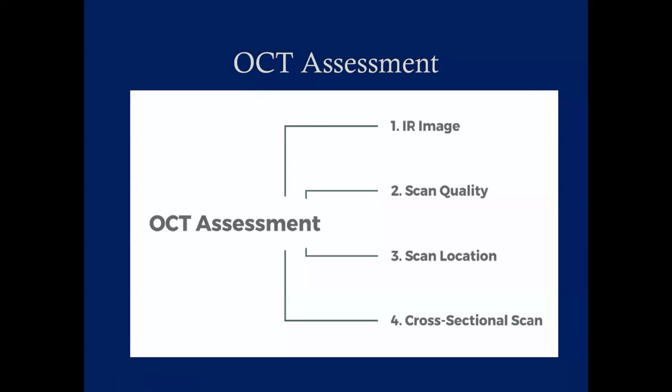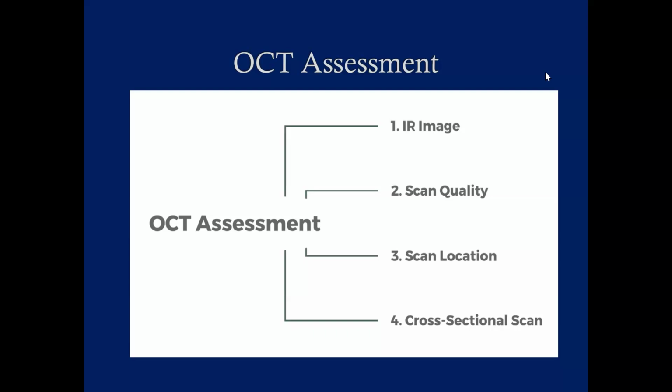Okay. So in OCT assessment, I would like to follow this guideline, which I found very important. We'll go through infrared image, scan quality, scan location, and cross-section of the retina for diagnosis of each problem.